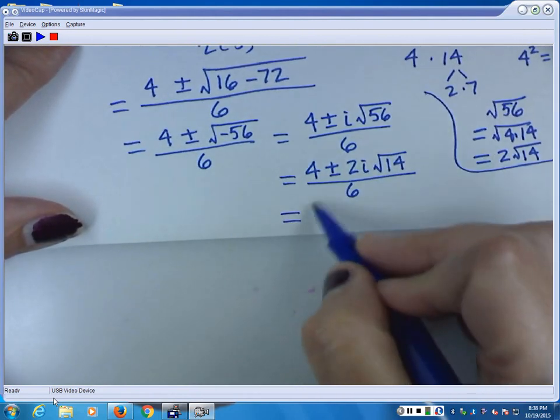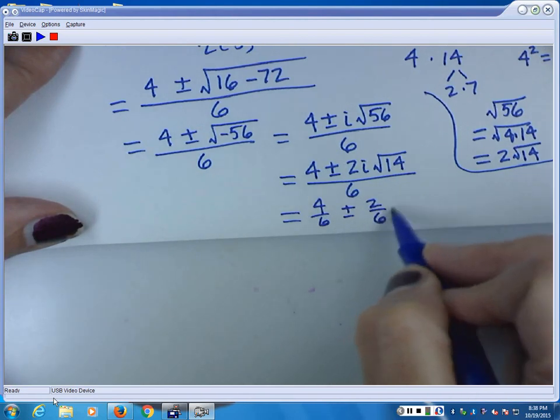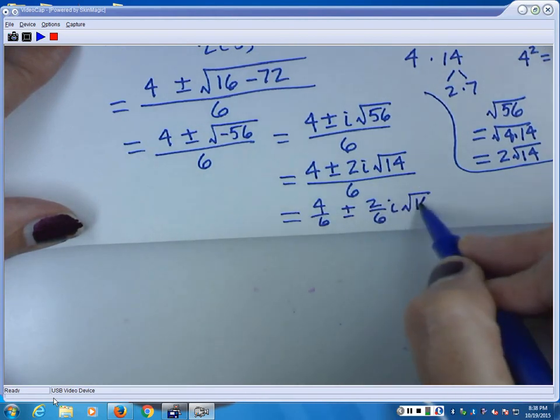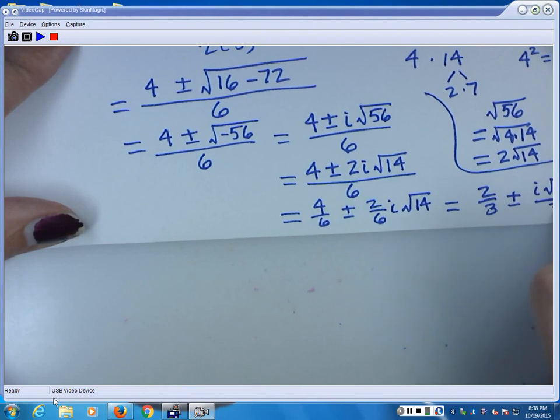So this equals 4/6 plus or minus 2/6 i square root of 14, which equals 2/3 plus or minus i square root of 14 over 3.